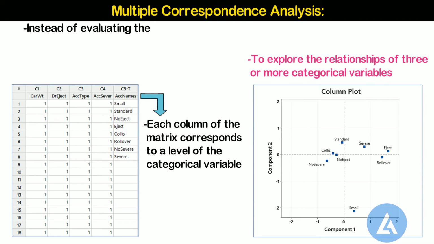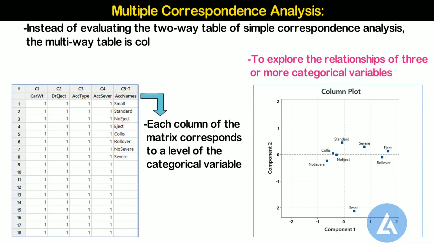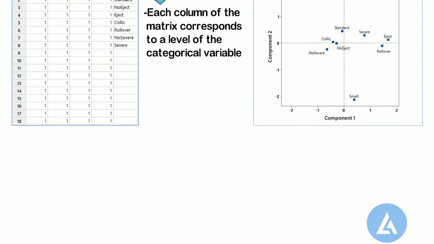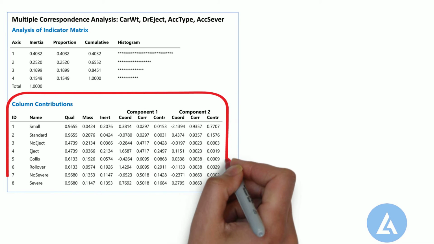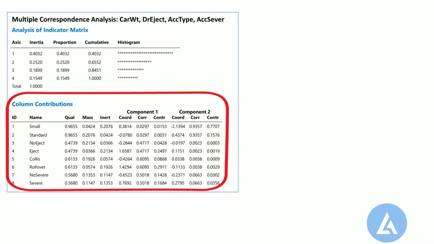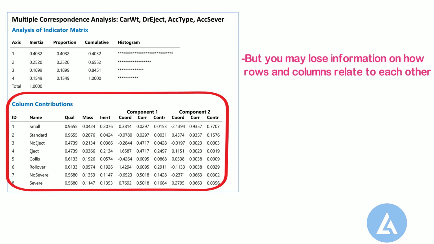Instead of evaluating the two-way table of simple correspondence analysis, the multi-way table is collapsed into one dimension for this analysis. By moving from the simple to multiple procedures, you gain information on a potentially larger number of variables, but you may lose information on how rows and columns relate to each other.